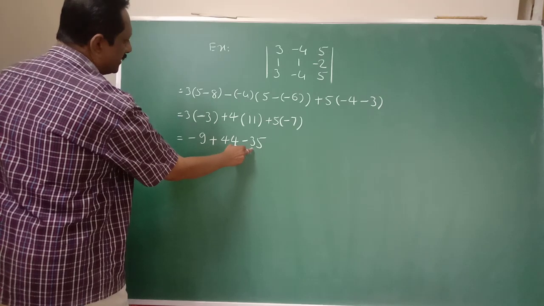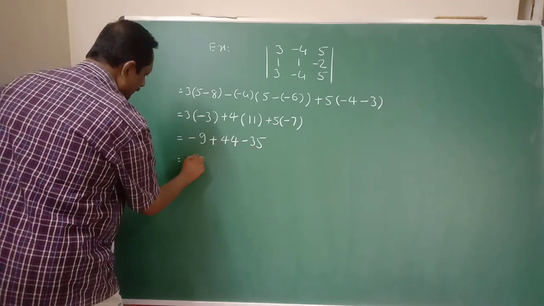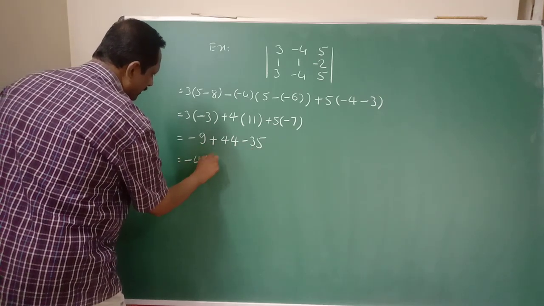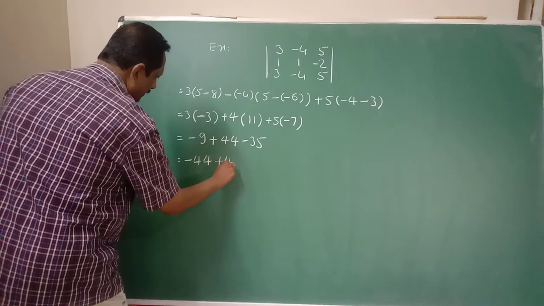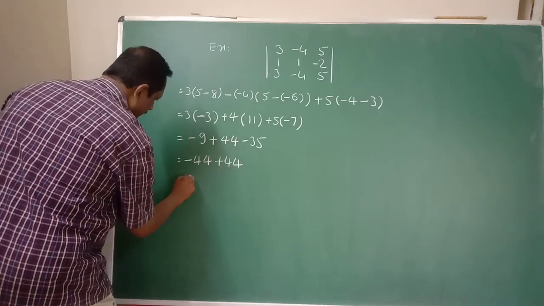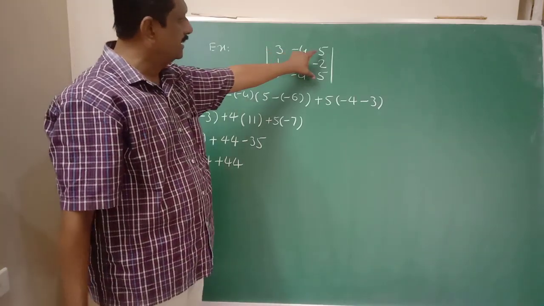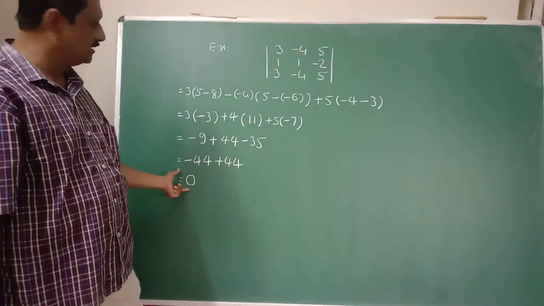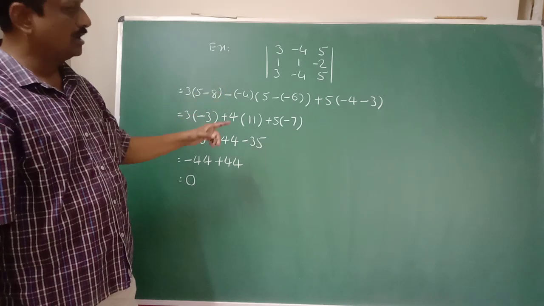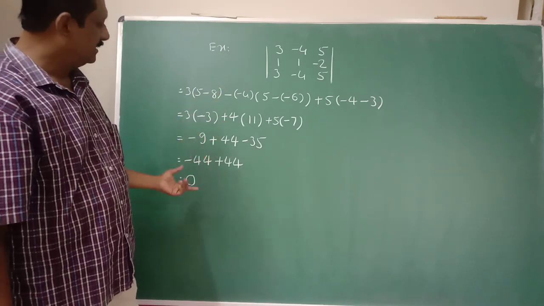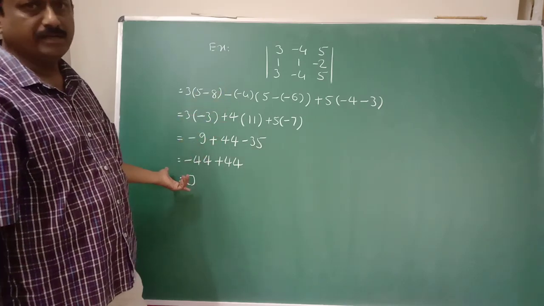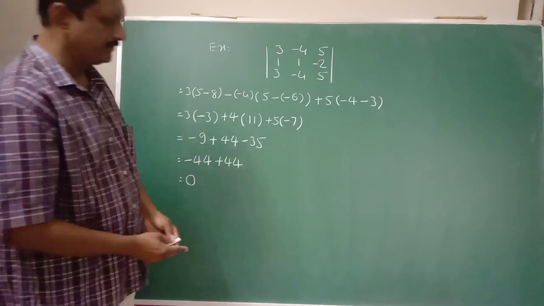Minus 35 minus 9 minus 44, then plus 44. Yes, this value is 0. If two rows are identical, then the value of the determinant is 0. Even if two columns are identical, in that case the value of the determinant is 0.